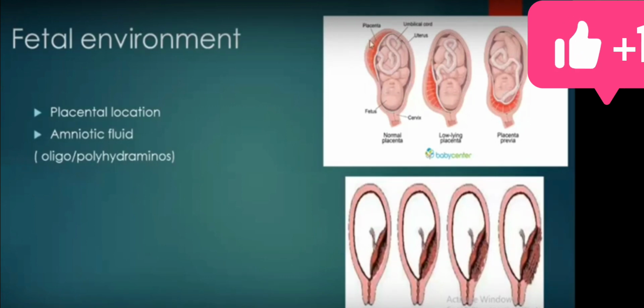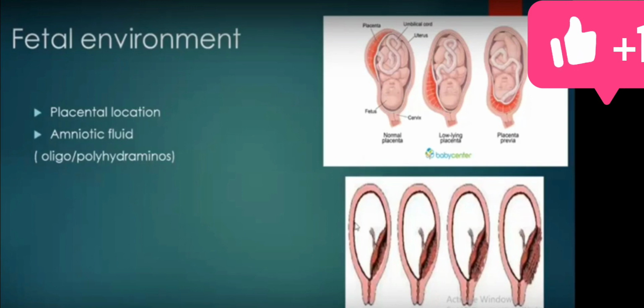If the placenta is situated in the low portion, or it is a low lying placenta, then as the pregnancy advances and the uterus gets stretched, there is a chance of bleeding. And in this third case you can see the placenta is almost covering the cervical opening, so there is less chance for normal vaginal delivery.